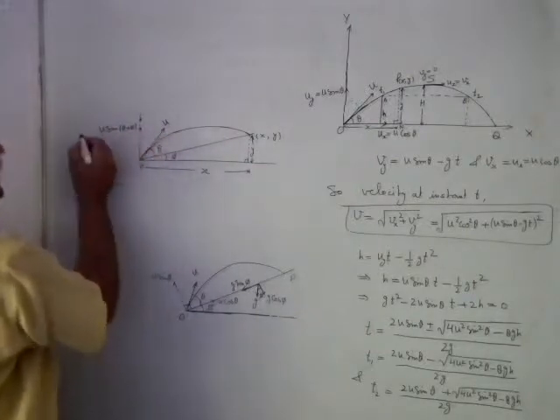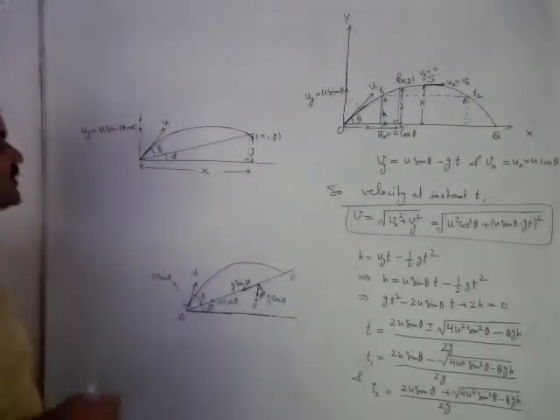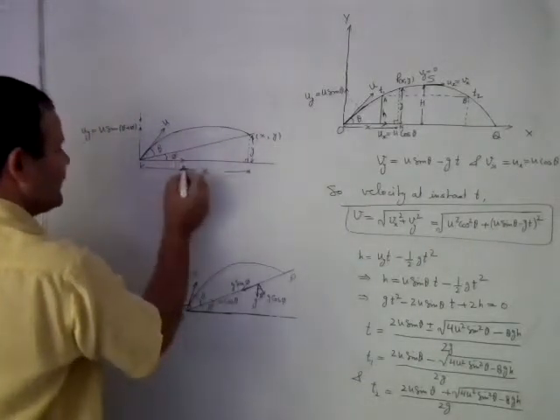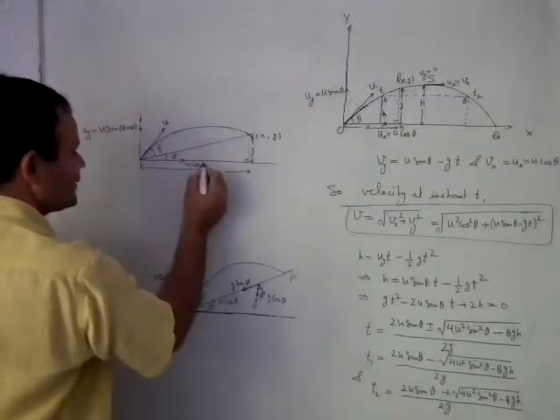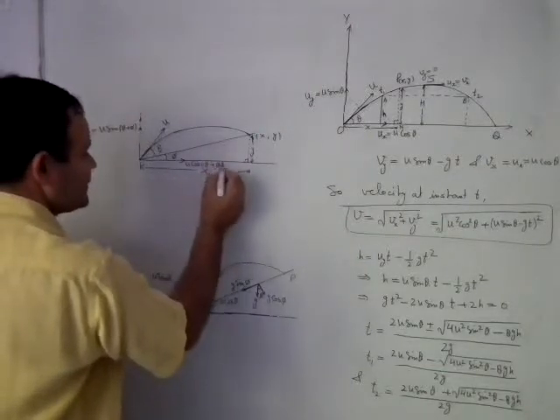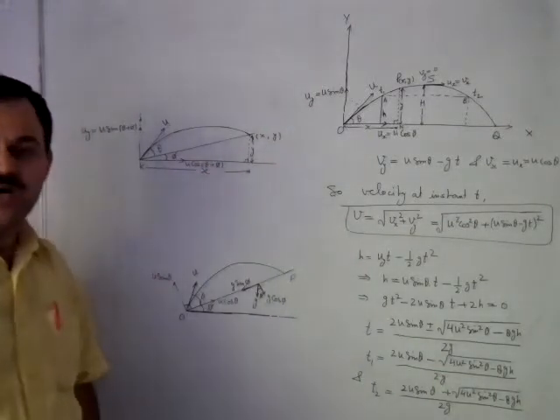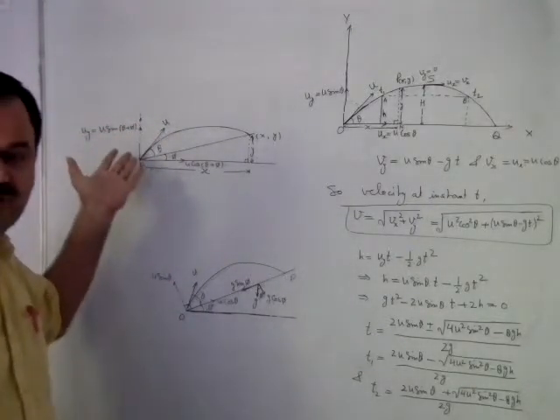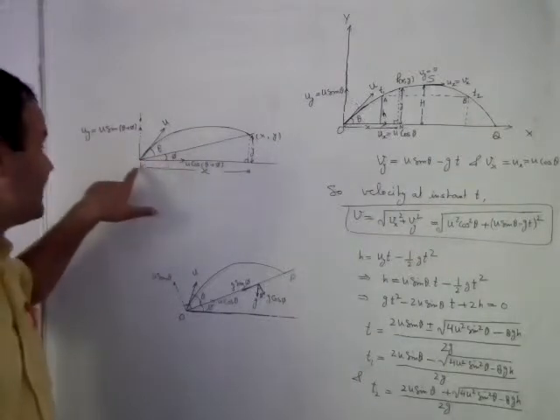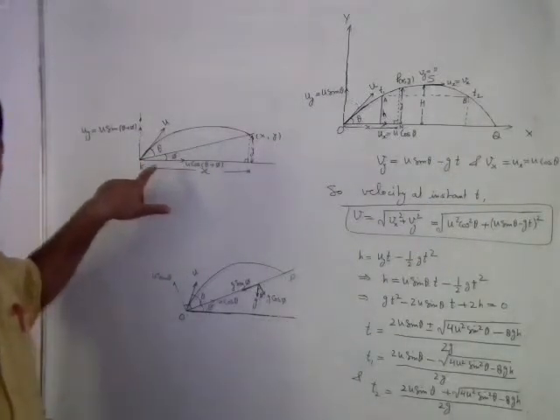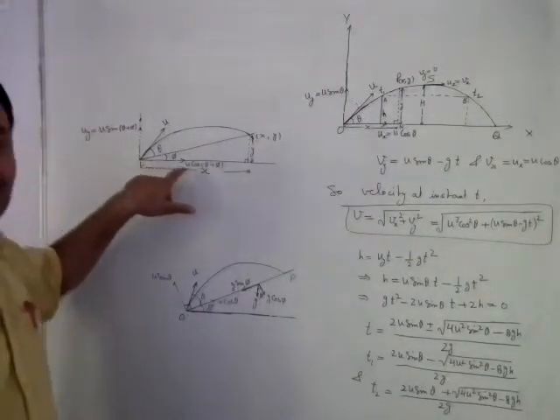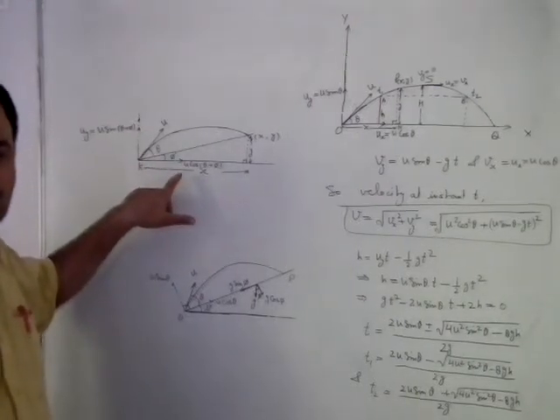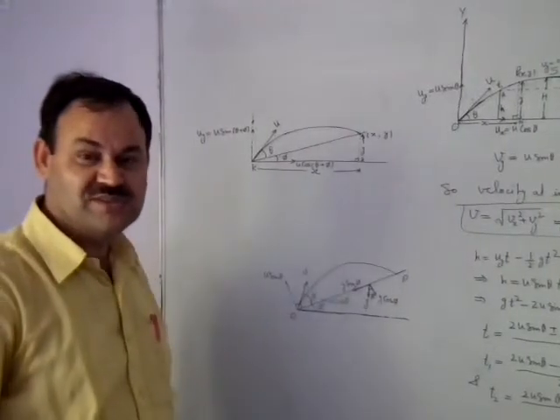So uy will become u sin (theta plus phi), while the horizontal component will become u cos (theta plus phi). The vertical motion will be uniformly accelerated with acceleration g, while the horizontal motion will be uniform motion with the formula velocity is equal to displacement upon time.